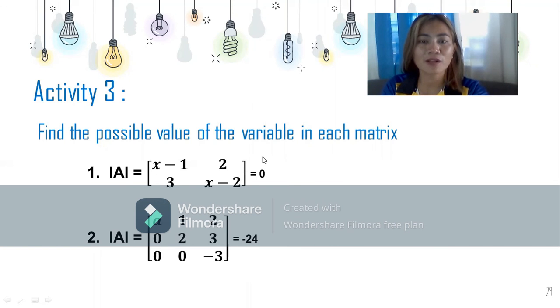So find the value of the variable. I'll give you 5 minutes. This is an individual activity. After answering, take a picture and pass it in our Google Classroom later on. You can start answering now.